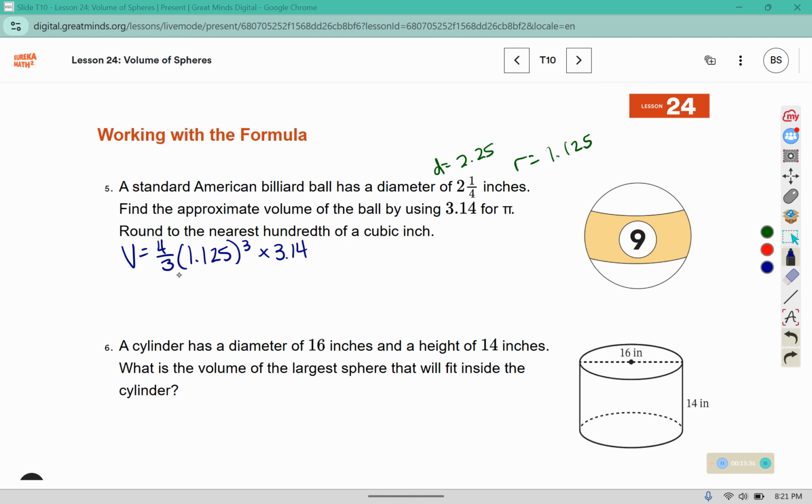Then we're going to multiply that whole answer by 3.14. So again, this gets cubed first using our order of operations. We do exponents, multiply, divide, multiply. And we're rounding to the hundredths. So that is rounded with 2 decimal spots. So we look at the third. Since it's smaller than a 5, it stays 9/6.